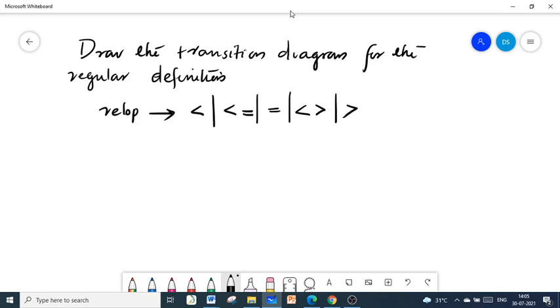So before solving the question, we should see what are the different elements within a transition diagram.